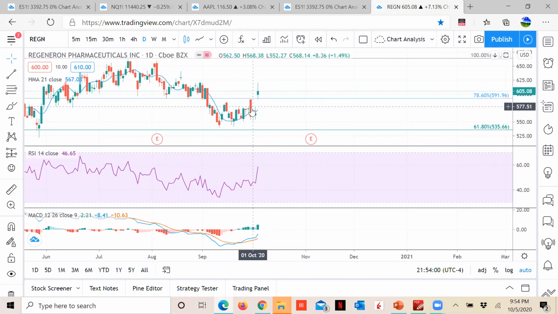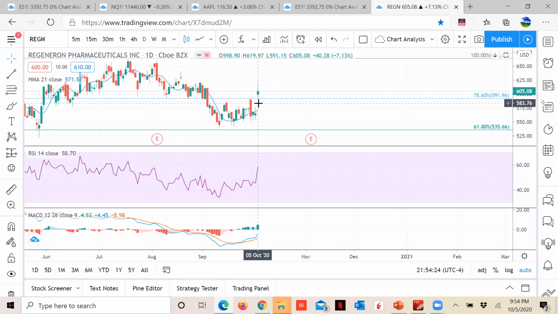Now look at it, it hit the resistance, went high 589, hit this resistance, came down low, came down low again. Now look at that. From this day, the highest or the closing highest was 576, closing was 564.